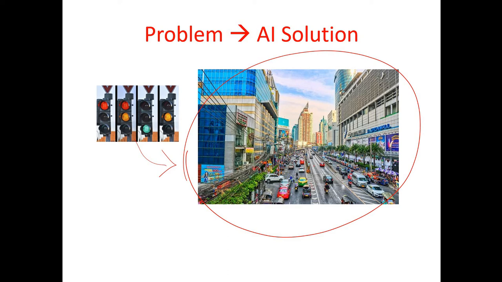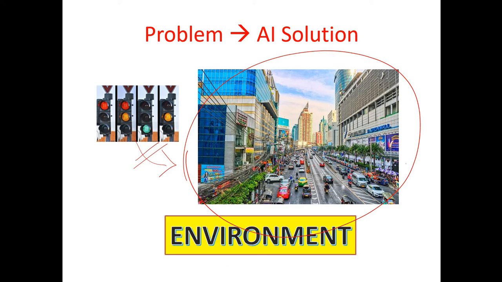This watching is what we call perception. We are perceiving this machine, this intelligent machine, like how a human being, like the traffic policeman standing at the signal, tries to watch what is happening. This intelligent traffic signal has to watch the happenings around it, which we call the environment, and accordingly it has to take the decision.